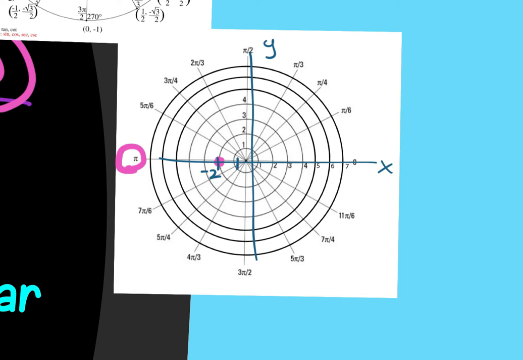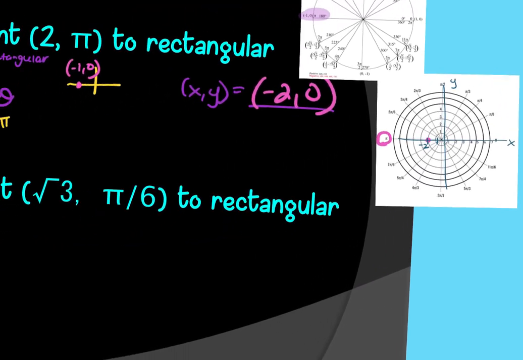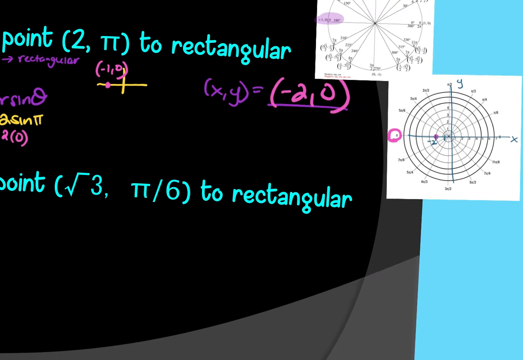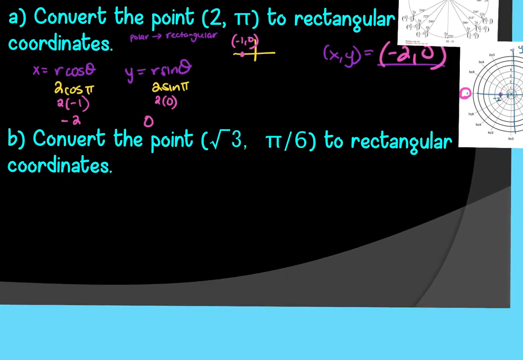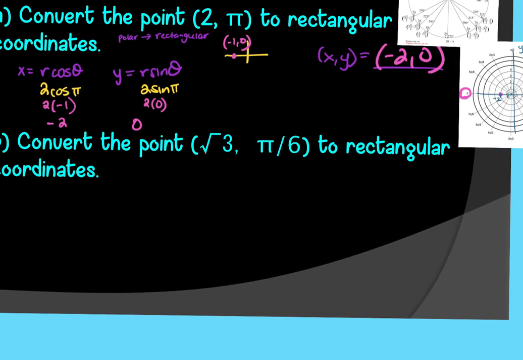So they should overlap. Like if you're unsure about did you get to the right answer, if you could visualize your x and y axis on top of your polar axis, they should overlap. If they're an actual quadrant angle, so if it's 0, pi over 2, pi, or 3 pi over 2, or 2 pi, they should be exact. The ones that are floating in between are going to be a little bit off because we're approximating. But the coordinates that are on your quadrant angles, those should be exact.